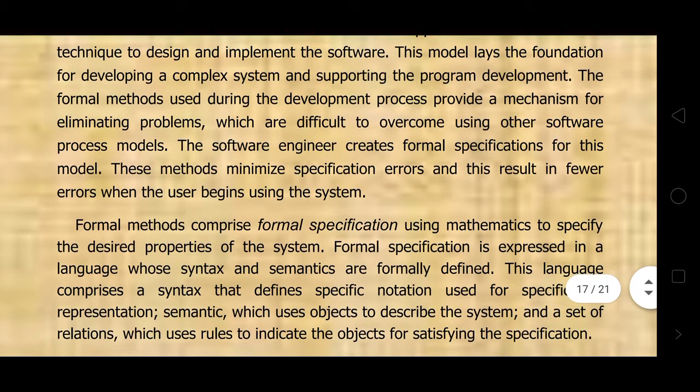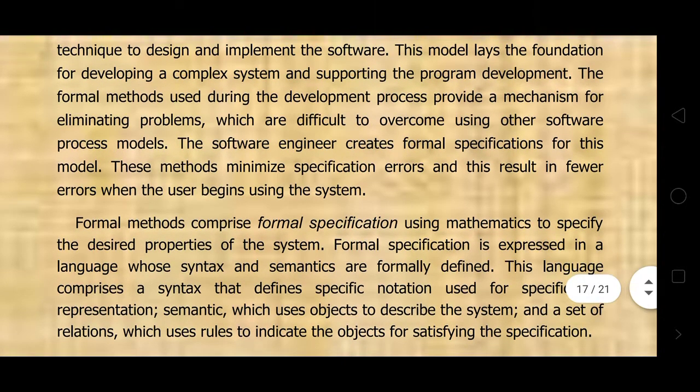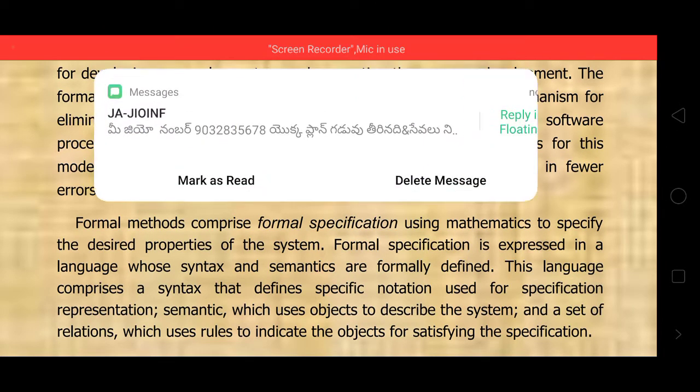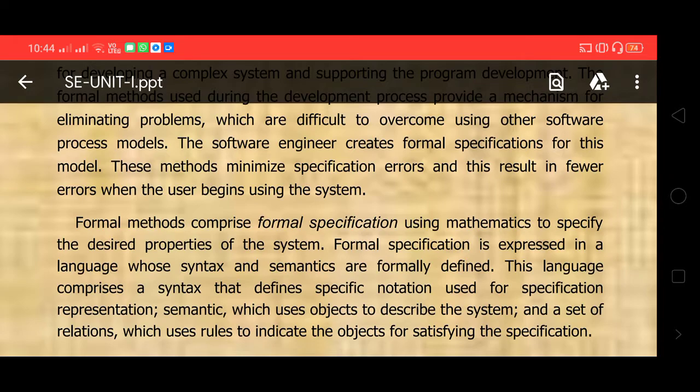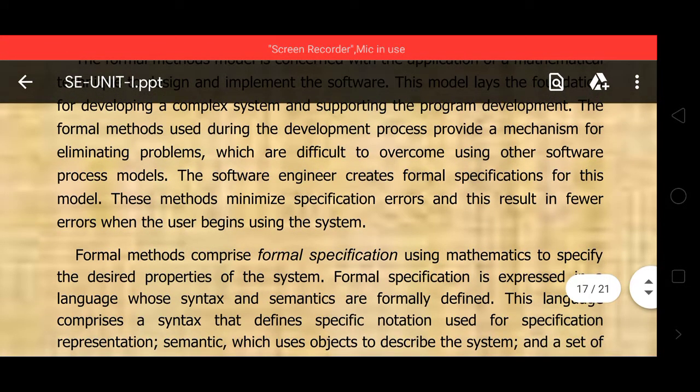The formal methods used during the development process provide a mechanism for eliminating problems which are difficult to overcome using other software process models.